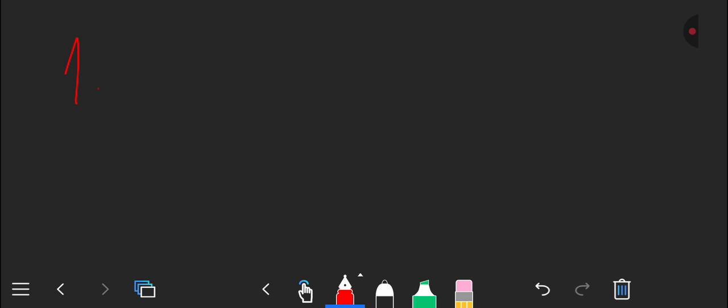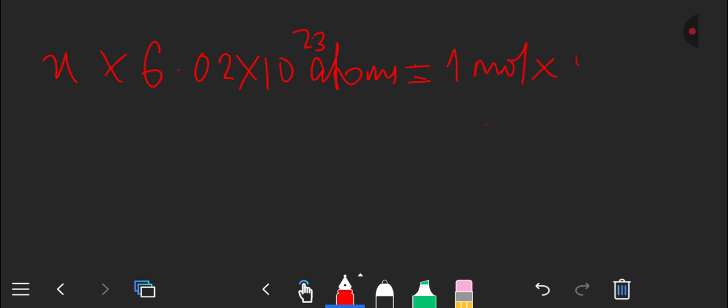X multiplied by 6.02 times 10 to the power 23 atoms is equal to 1 mole multiplied by 2.0 times 10 to the power 24 atoms.